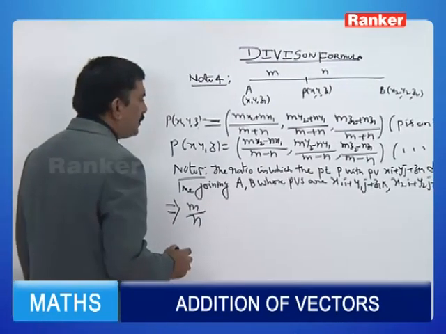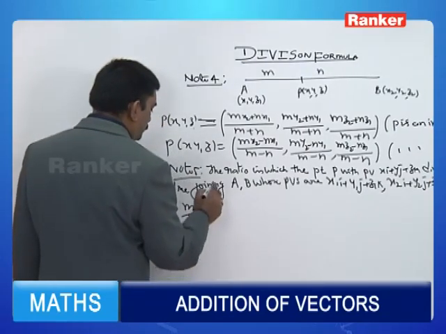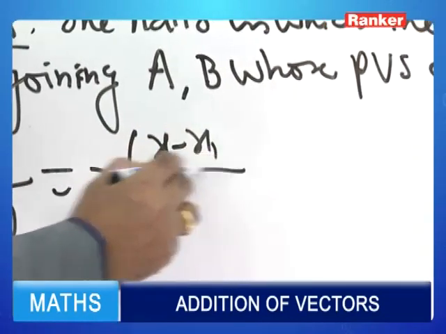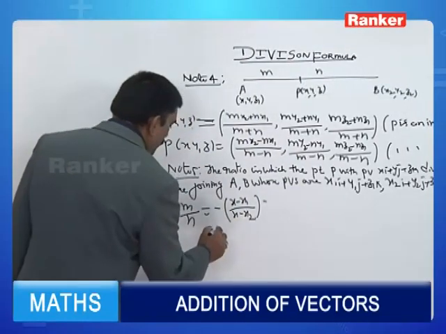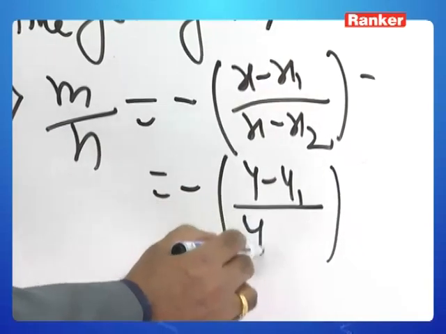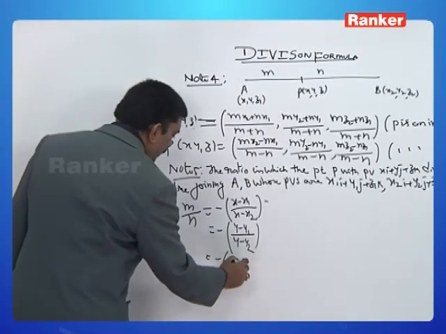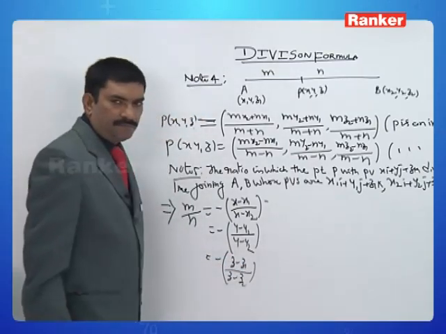m by n is equal to minus of x minus x1 by x minus x2, or minus of y minus y1 by y minus y2, or minus of z minus z1 by z minus z2.